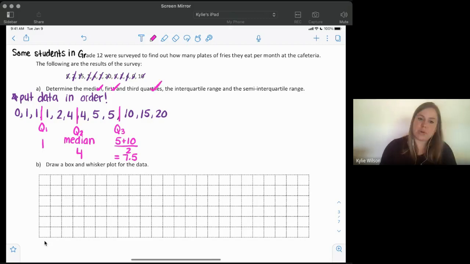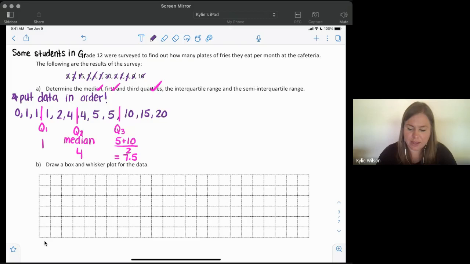That's our third quartile. Then I verify, did I split it into 4 even sections? There are 3 points in each interval, so I split it up correctly.